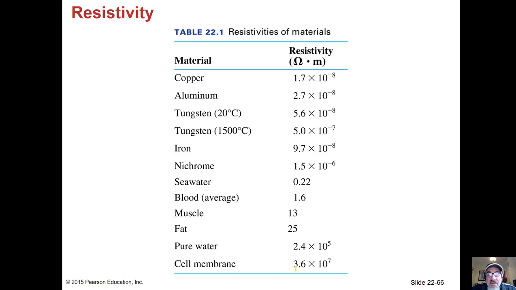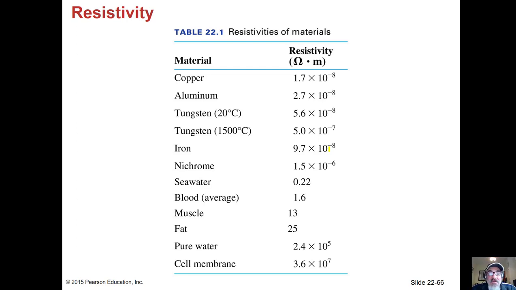Cell membrane on the other side of the table here, like 36 million or something like that. Ohm-meters. Blood, seawater, all mixed in here, aluminum, tungsten, iron. You can see copper is about 10 times better almost than iron. You can make wire out of iron, but it doesn't conduct electricity as well.